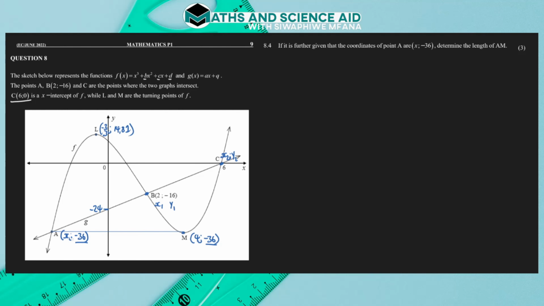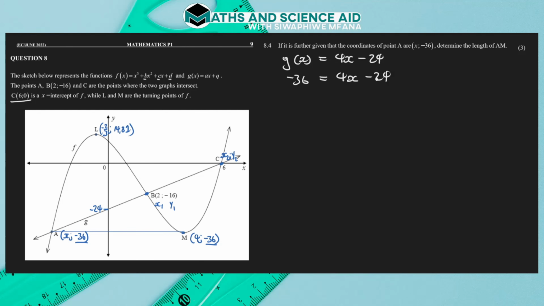So to do this, we will just use the equation of G that we had just worked out, which was G of x equals 4x minus 24. So what we know here is that G of x, or the y value, is negative 36. And if that's the case, we want to work out the value of x.